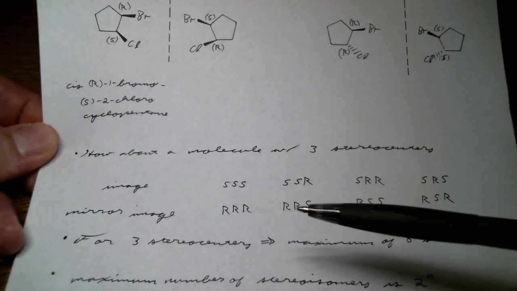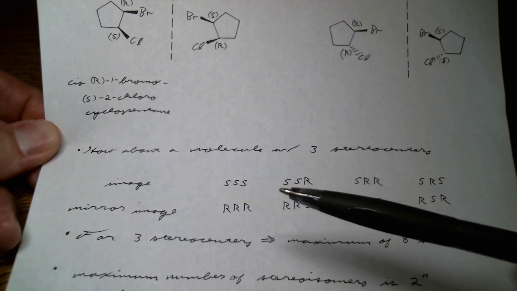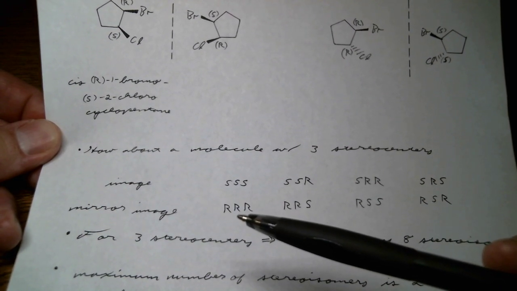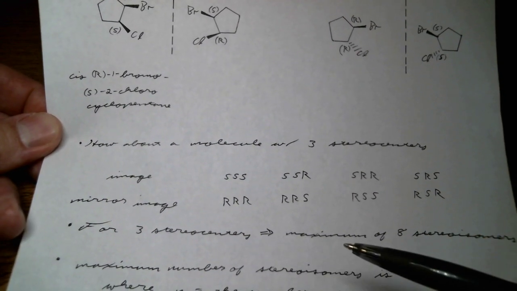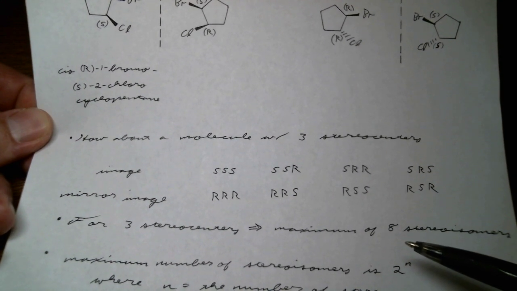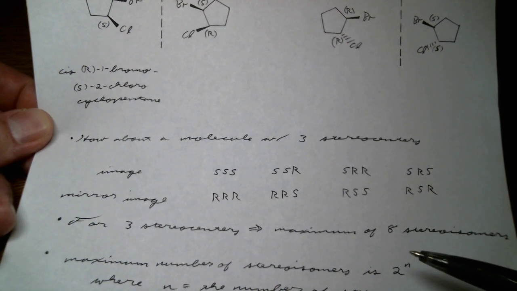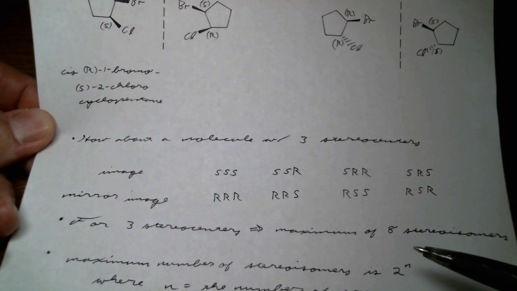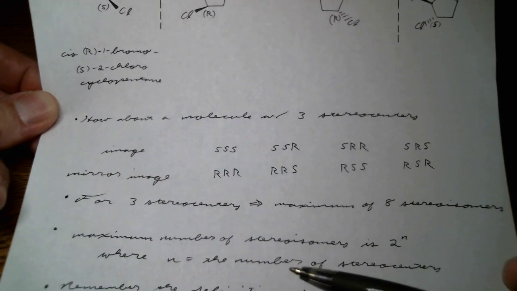How about a molecule with three stereocenters? We only get more and more complicated. So you could think about an image, SSS, SSR, SRR, or SRS. And of course, the mirror image would be RRR, RRS, RSS, or RSR. So for three stereocenters, you have a maximum of 8 possible stereoisomers, as long as we're not doing the identical substitution, which might cut the number of possible stereoisomers down if one of them happens to be meso or achiral, because then its image will be identical.